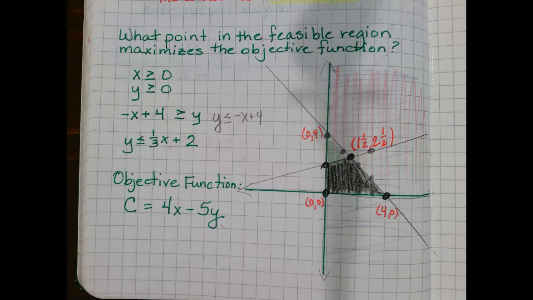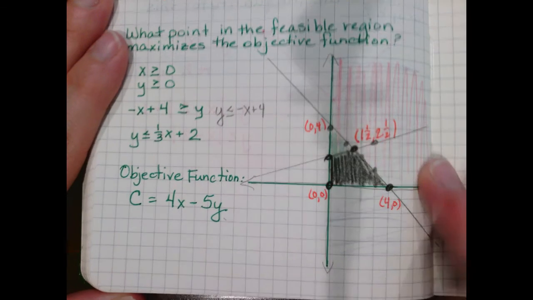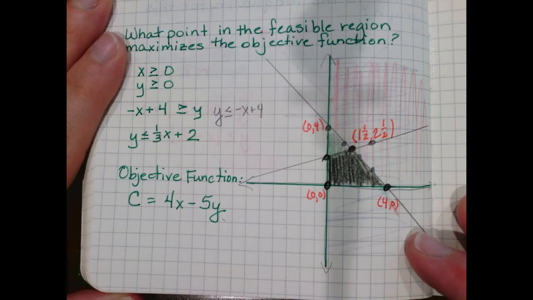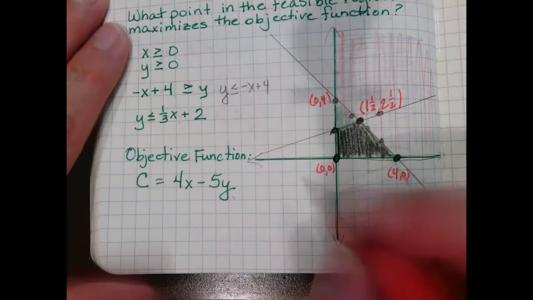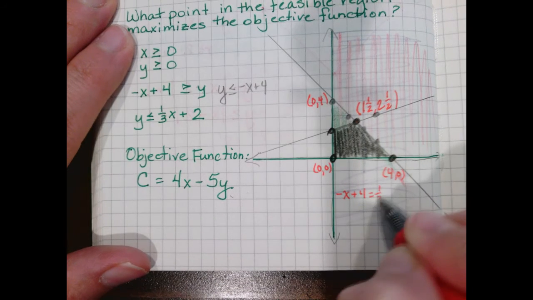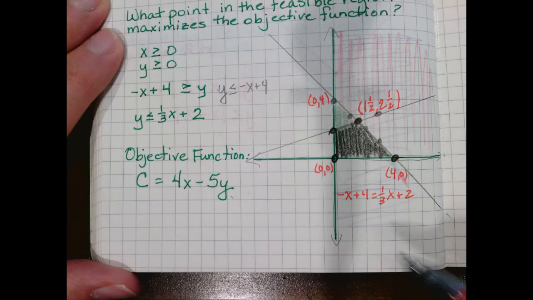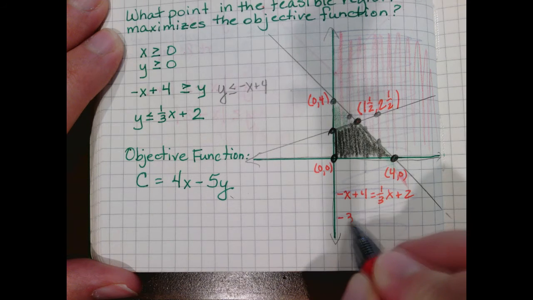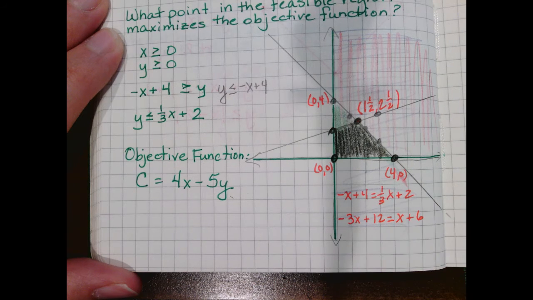Now, I did that roughly, but to find that exact point, I would set this line, negative x plus 4, equal to this line, 1/3 x plus 2. Let's do that. Negative x plus 4 equals 1/3 x plus 2, and I would solve. Let's multiply everything by 3. That gives me negative 3x plus 12 equals x plus 6.